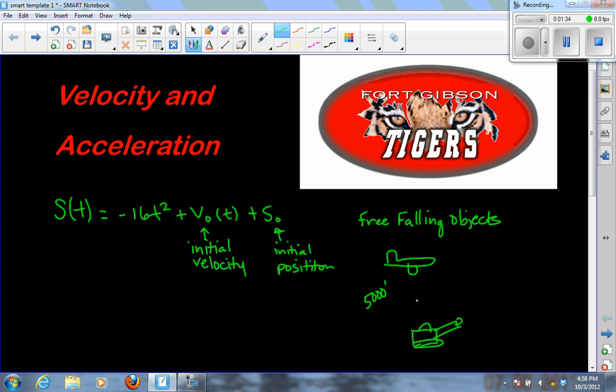If I wanted to know how long would it take that bomb to hit the ground, I would come over here to my position function, and I would say my position function for this particular problem is s of t equals negative 16 t squared plus my initial velocity. In this case, since the airplane is just dropping the bomb, there's no initial velocity, so that's 0 times t, plus the initial position is 5,000 feet high.